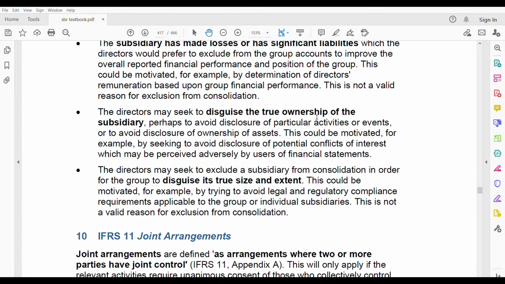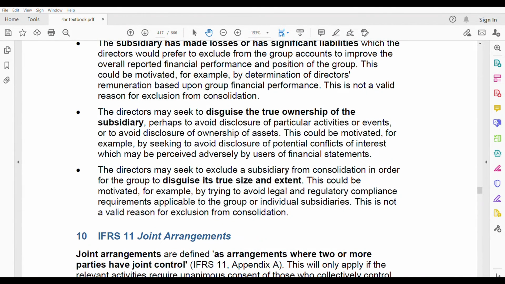You have to consolidate. And the last one, they may seek to exclude a subsidiary from consolidation in order for the group to disguise its true size and extent. They may want to exclude a subsidiary because otherwise the size becomes too big. Once the size becomes too big, the regulatory and legal departments become more cautious and concerned about it, right?